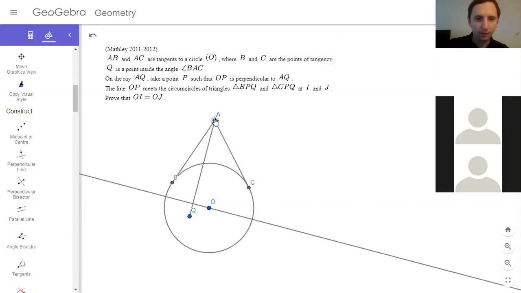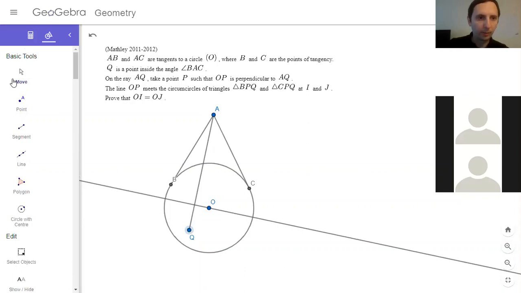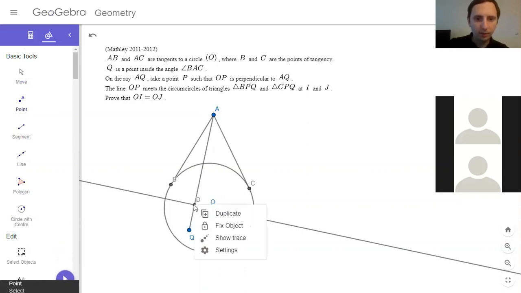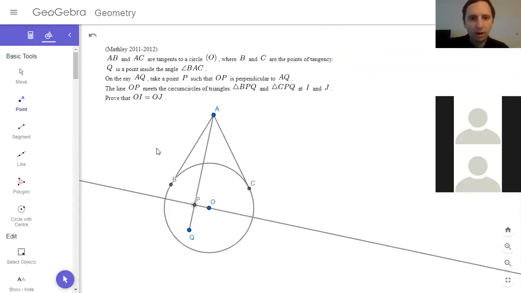Let's see. That should be point P. And then we draw the circumcircles of BPQ and CPQ.